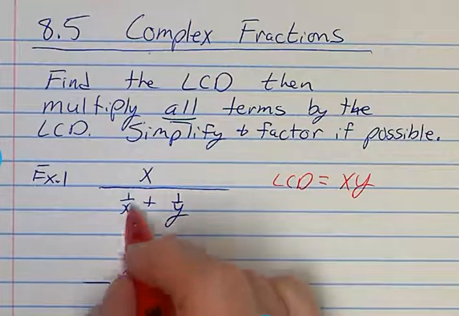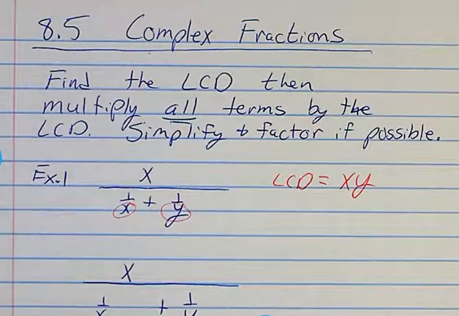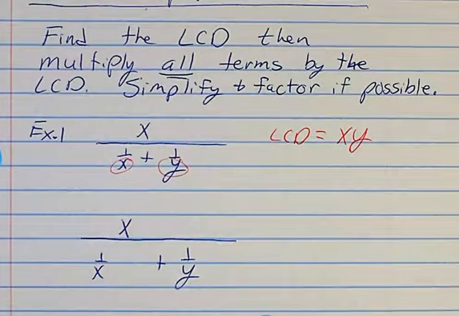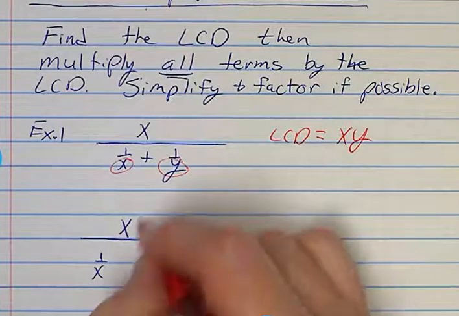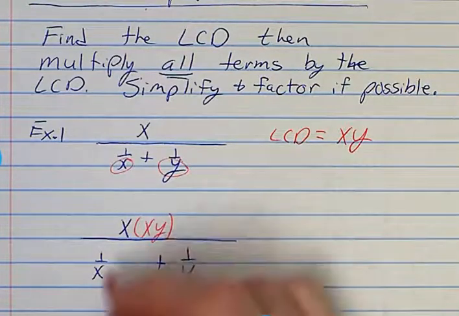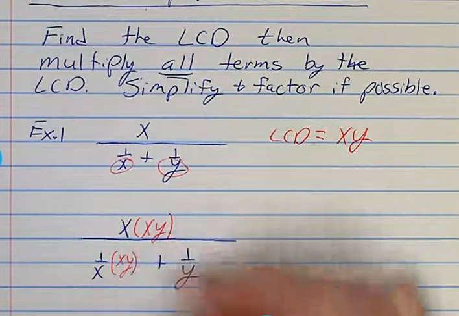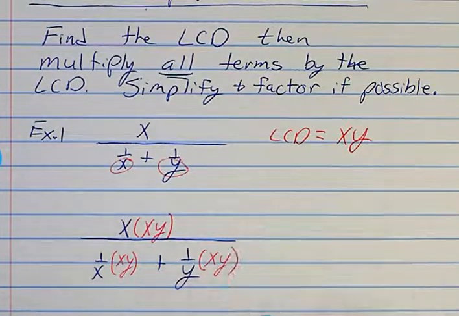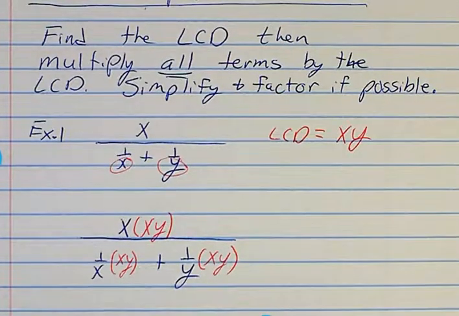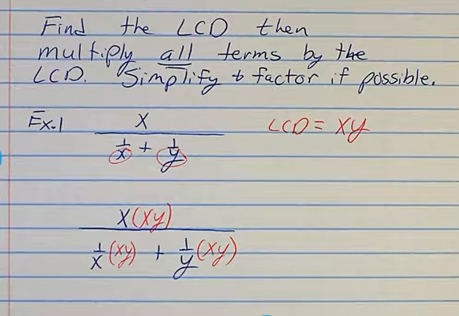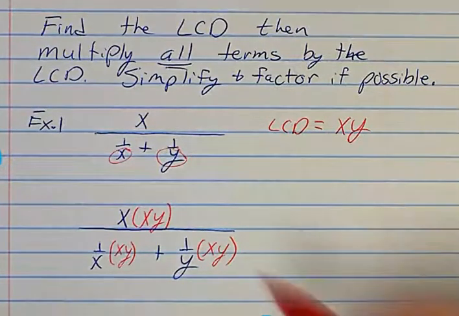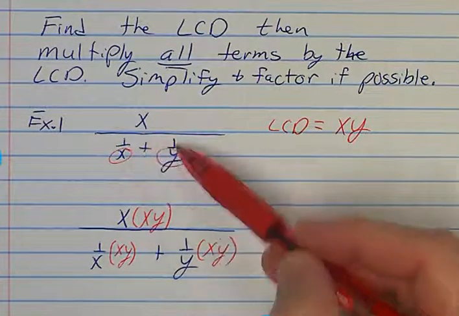It depends on what you have in your denominator. Okay, so we're going to multiply every single term by xy. You've got 3 different terms here: x, 1 over x, and 1 over y.